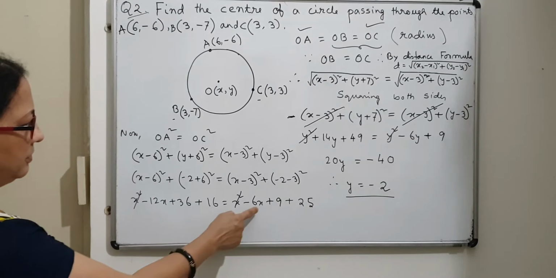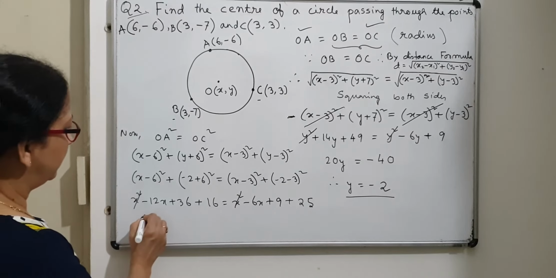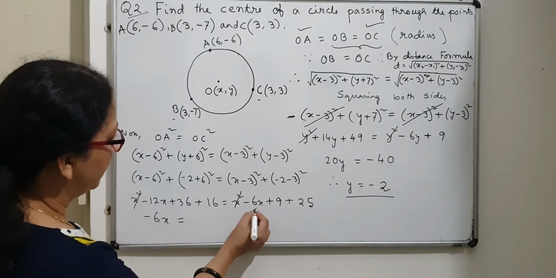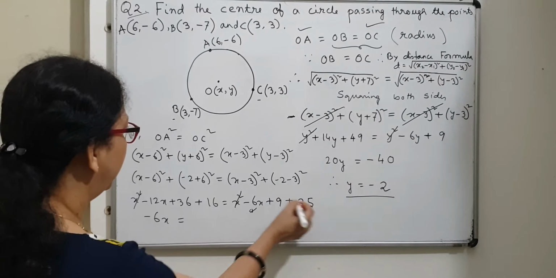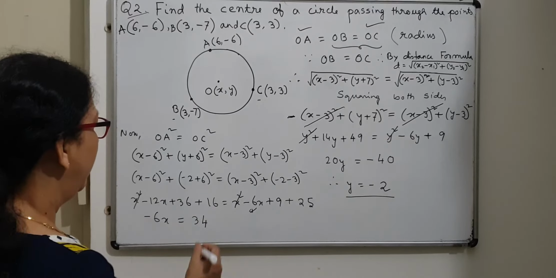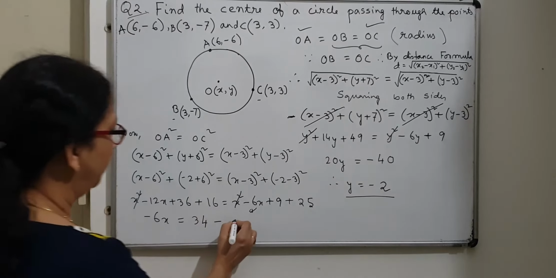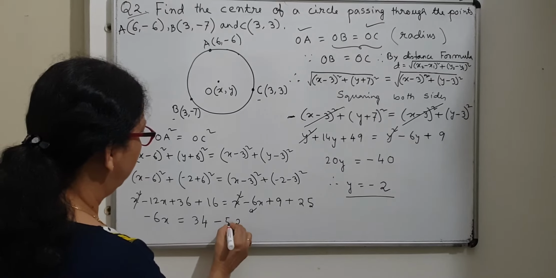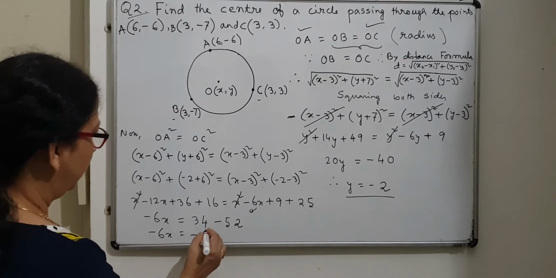So let me take 6x to this side, so it will become minus 6x is equal to, the 9 plus 25 will be 34, and this 36 plus 16 you can do, so minus 6x is equal to minus 18.